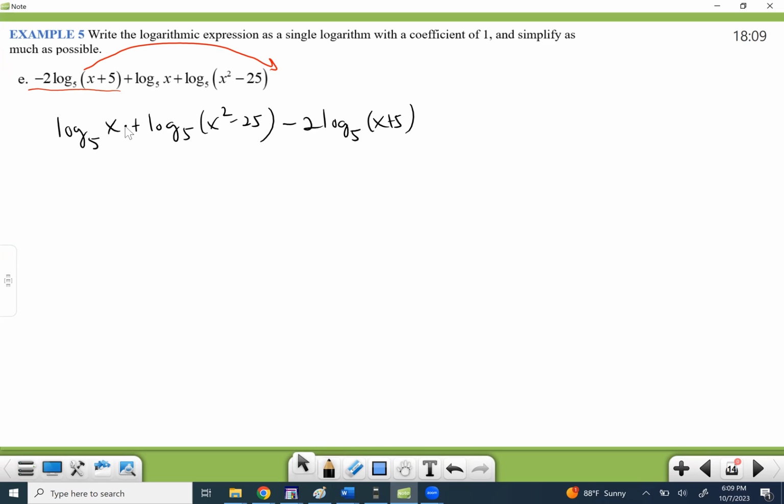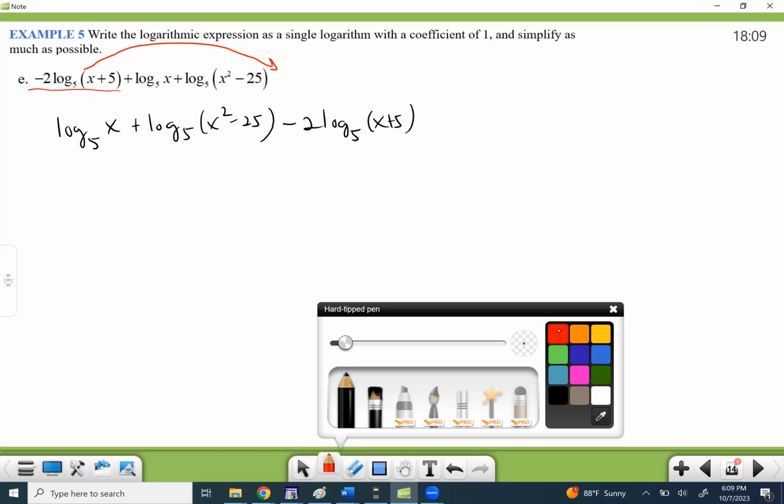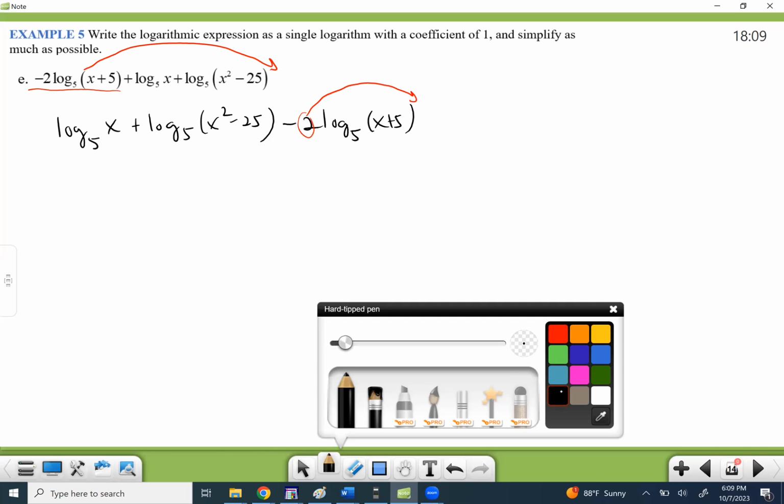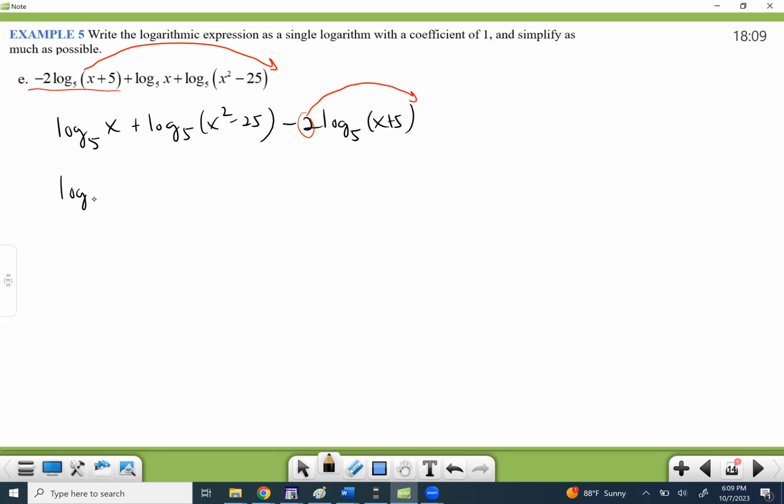All right, let me get this little piece out of there. So in other words, instead of taking the -2, now we can take just the 2 and make it the exponent. Cool.